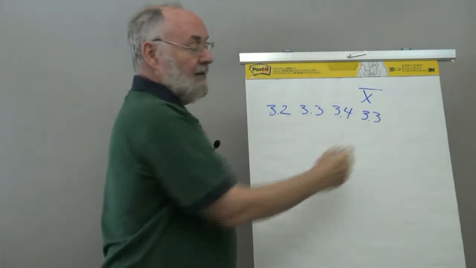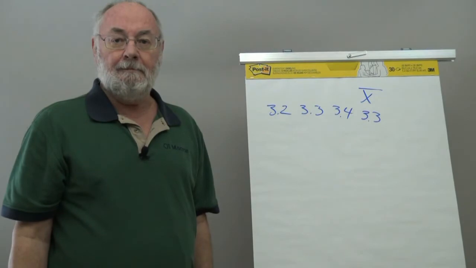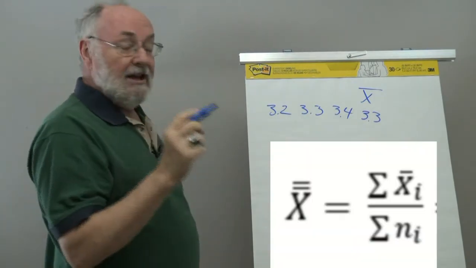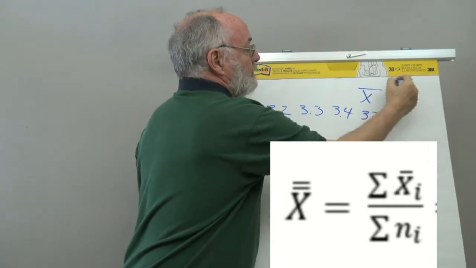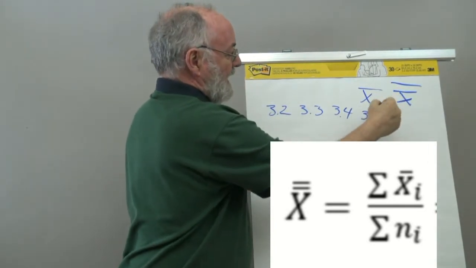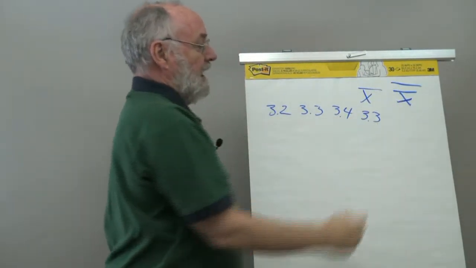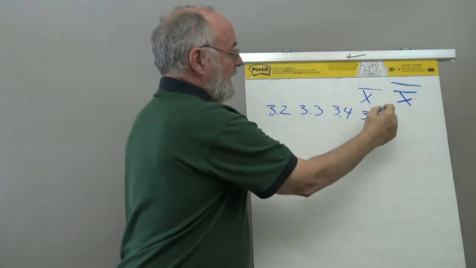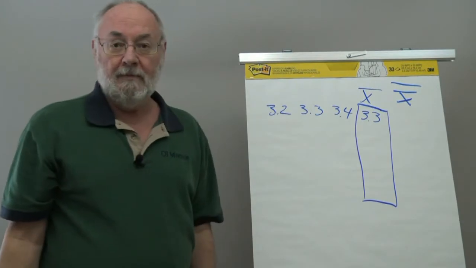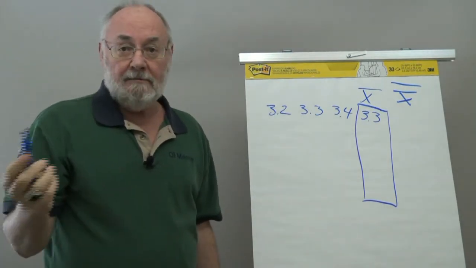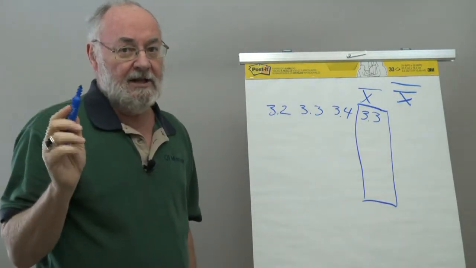And then you'd keep doing that for everything underneath. Then you want to calculate X double bar, which is the average of all of the averages. So you would work off this column to average that column. All right, get it? This is how it was done.